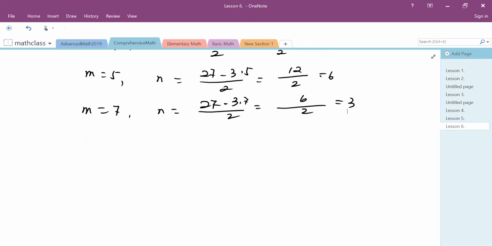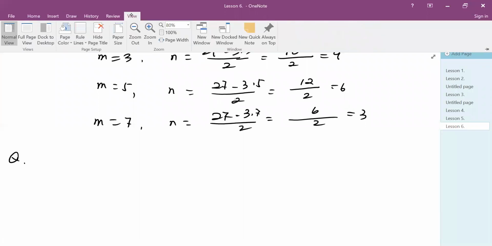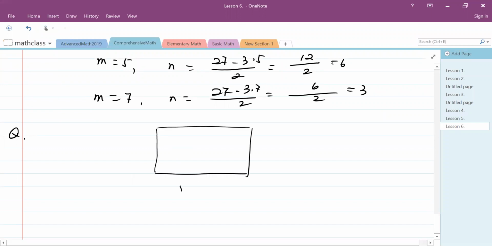About the polygon, I'm going to have a question to ask you. So I have a rectangle.